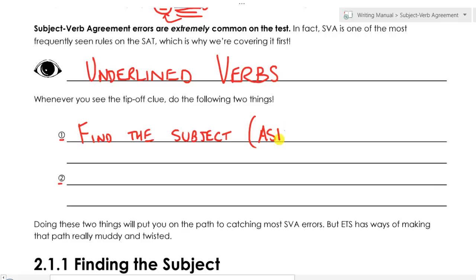You can ask yourself, and if you want to write this down, you can ask yourself who or what, and then just insert the verb into this blank, who or what, and then insert the verb.